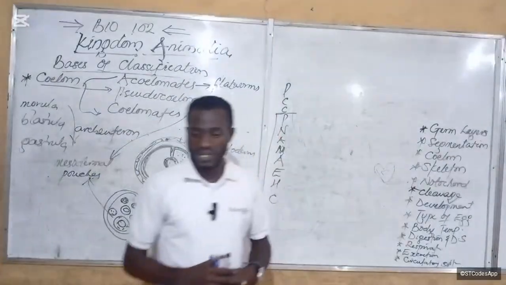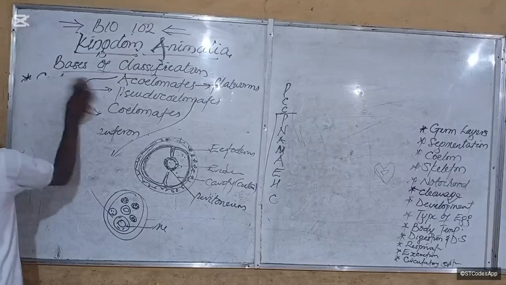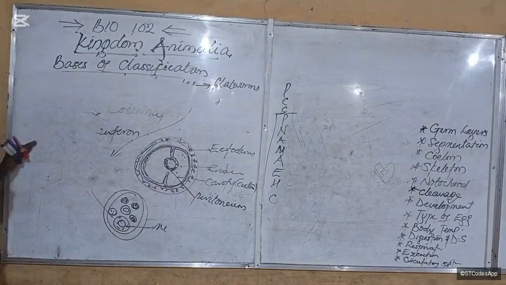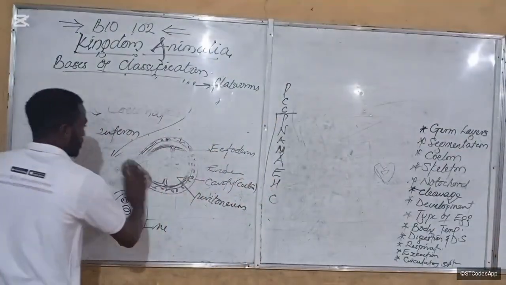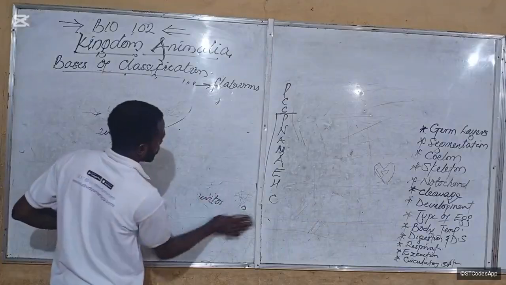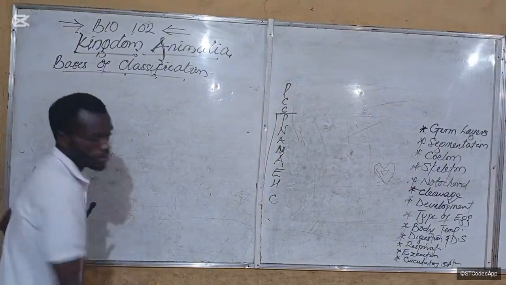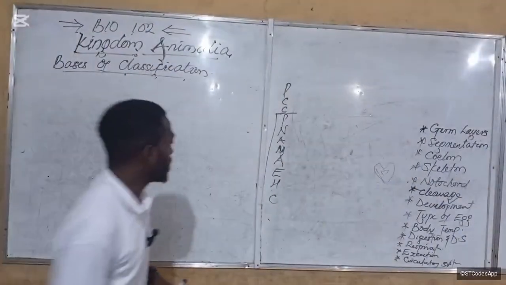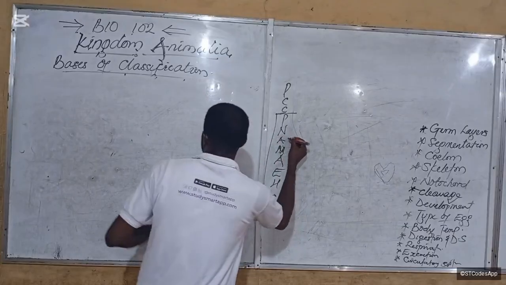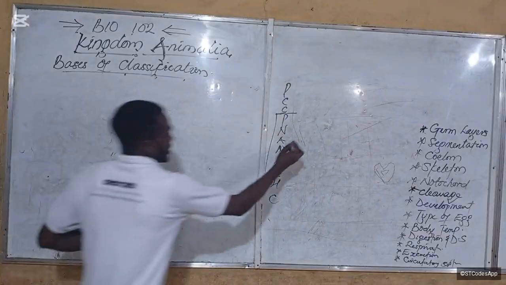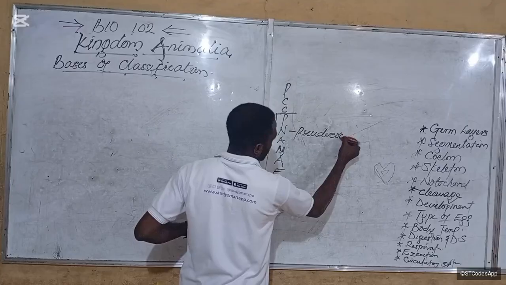Then let's go to the skeleton. I wanted to explain something on this. So maybe when we get to cleavage, I'm going to explain them again. I didn't mention the nematodes are coelomates.